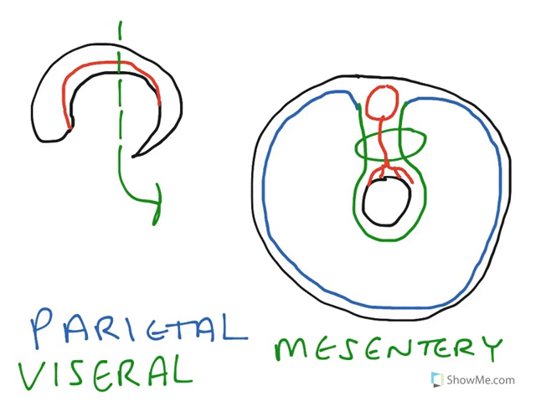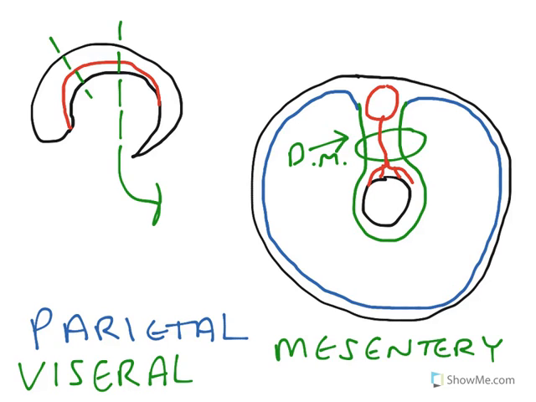Now, if we were to take our cross-section more rostrally in the embryo, so say around about here, what we would discover would be that the arrangement of membranes is a little bit different. So instead of having just this single dorsal mesentery, we also have a ventral mesentery in the more rostral portion of the embryo.